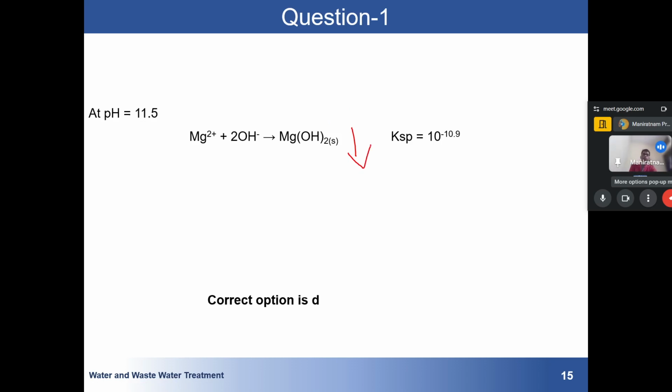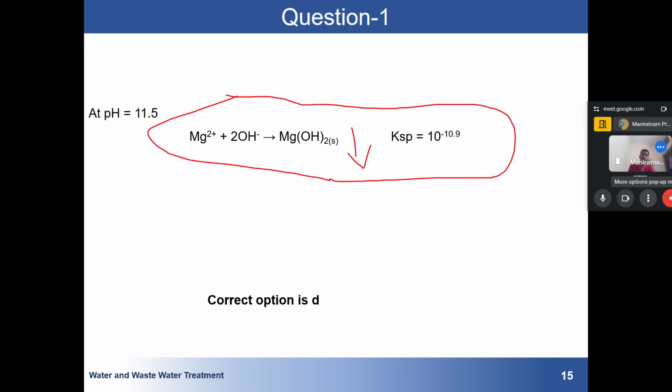So at pH 10.5, this Mg2 plus and OH minus will react and form magnesium hydroxide precipitate.